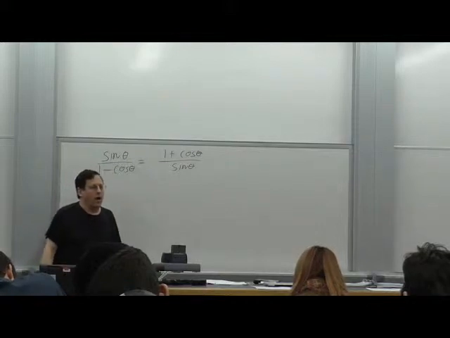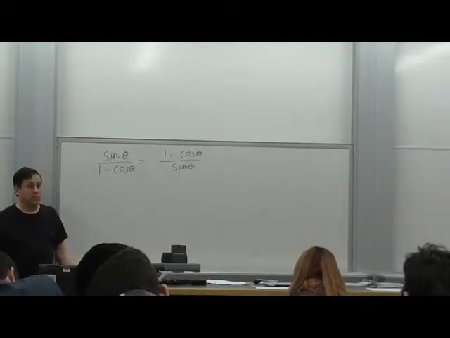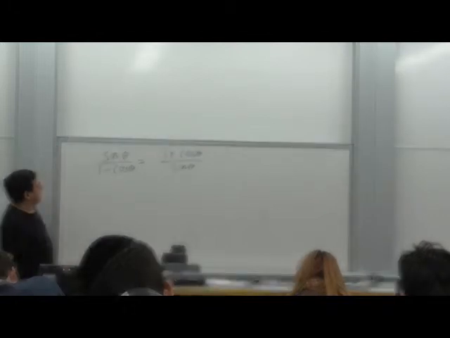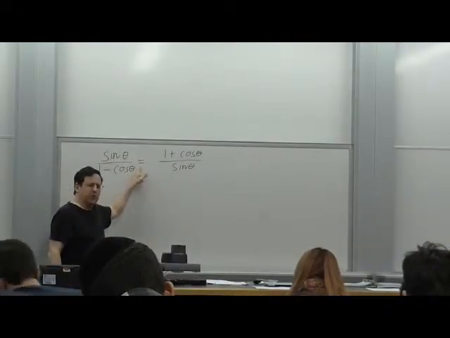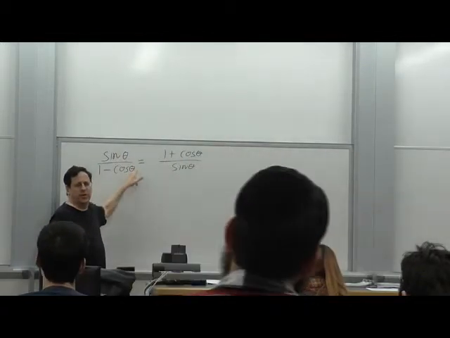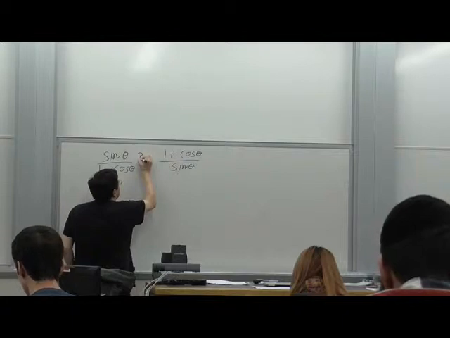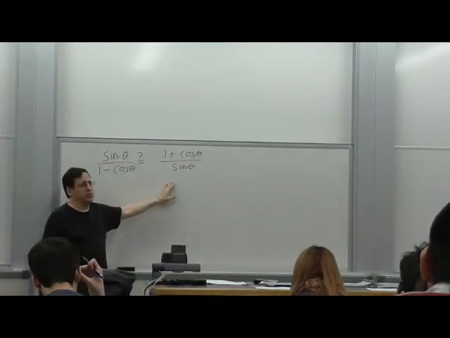So I have an identity here, and I want to verify its truthfulness. I look at this and I go, this is the problem here. I should have a new symbol. I'm going to create a new symbol, like that, because we don't know these are equal.